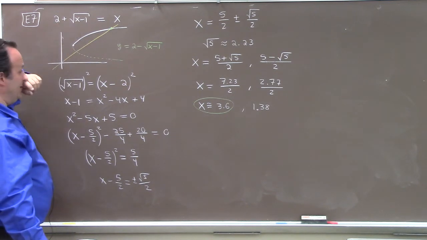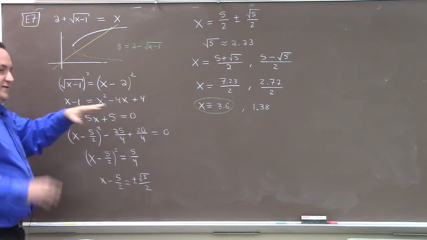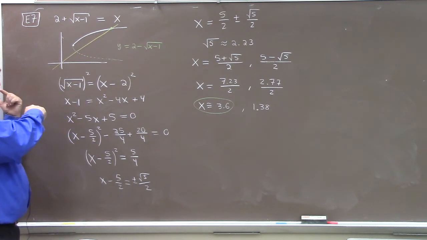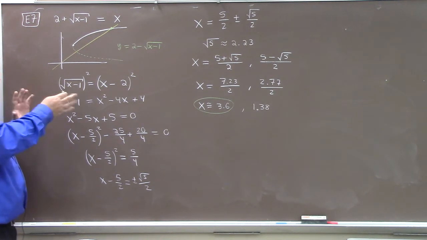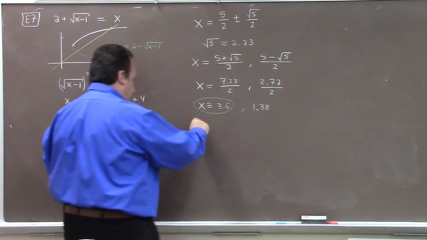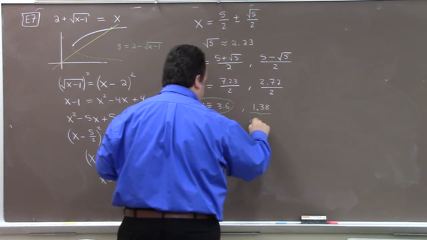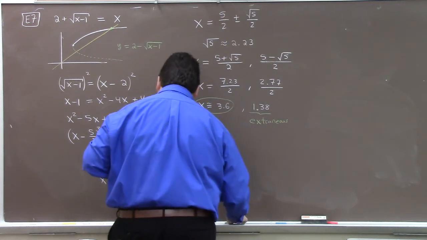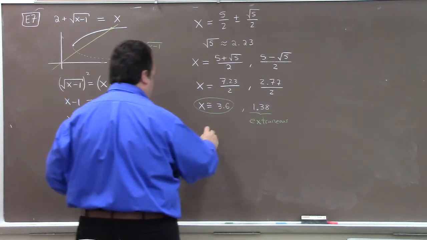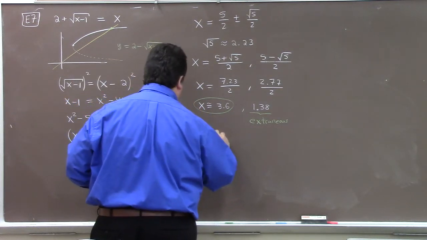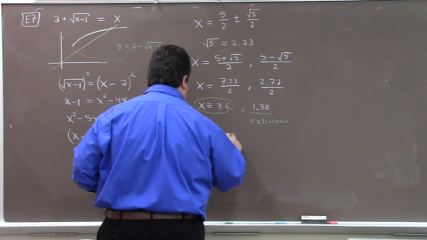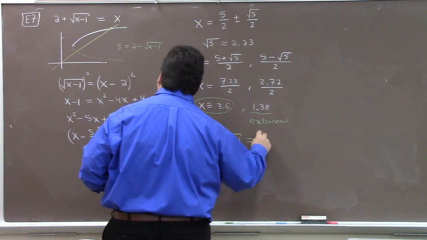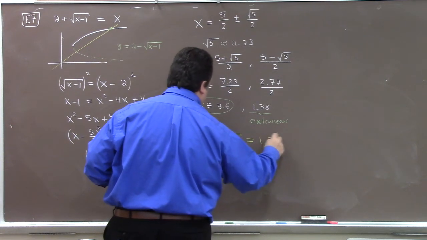But when you have 2 answers like this, you have to go back to the starting equation and plug them back in to figure out which one's quote-unquote extraneous. So this one is extraneous, I believe. Now, we can check it. The question is, is 2 plus the square root of 1.38-ish minus 1 equal to 1.38?